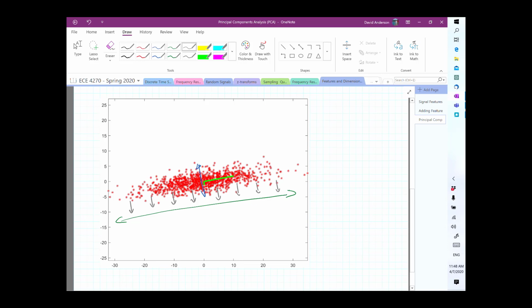But the big question is, how do we find the correct line to project to? It does not quite line up with the x-axis, which should be like this. And in fact, we have no guarantee it will line up with any axis, and it could be at any rotation. So we want to find that line.